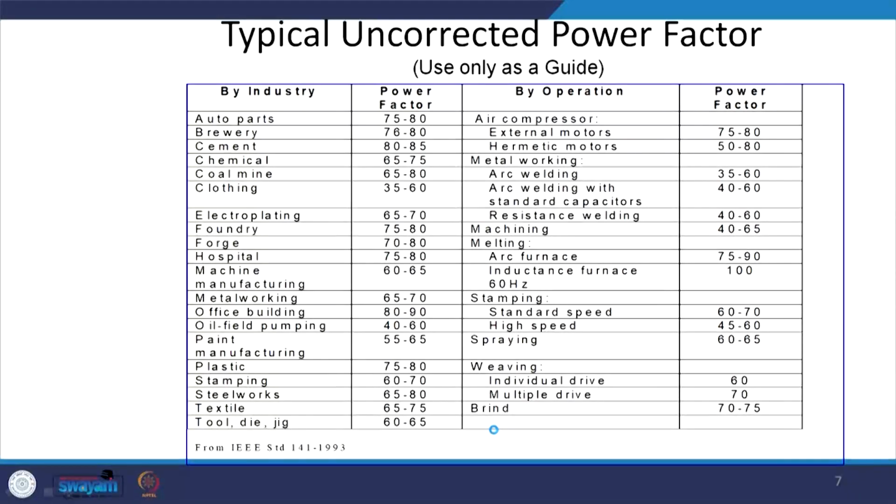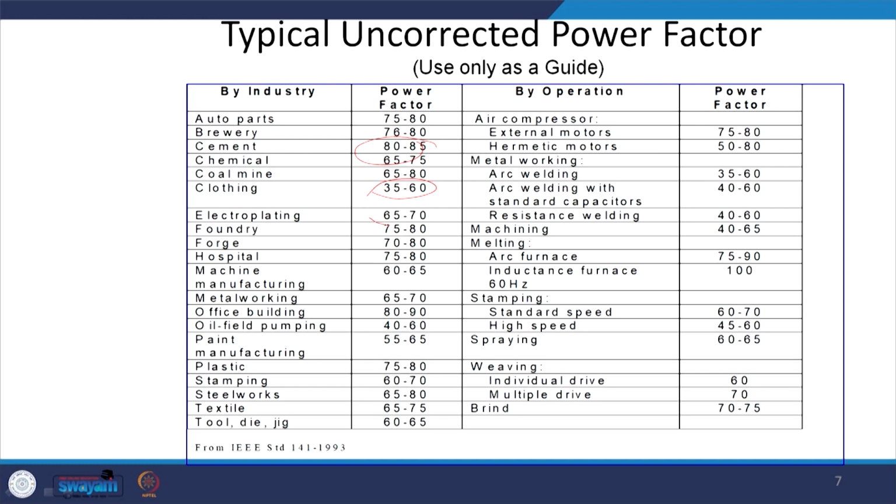Now, you see that industry uses different components, industry as well as we ourselves, and what is the power factor of it? Auto parts have a power factor of 0.7 to 0.8, and that is air compressor. Thereafter cement, 80 to 85%, hermetic motor, and clothing may be very low, 35 to 60.